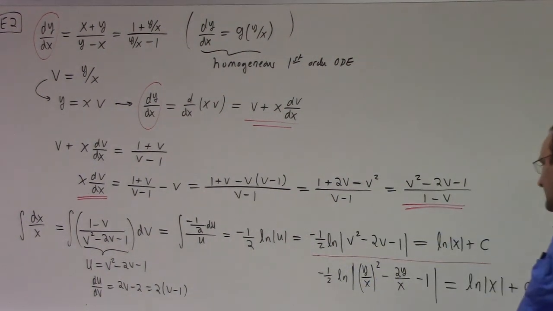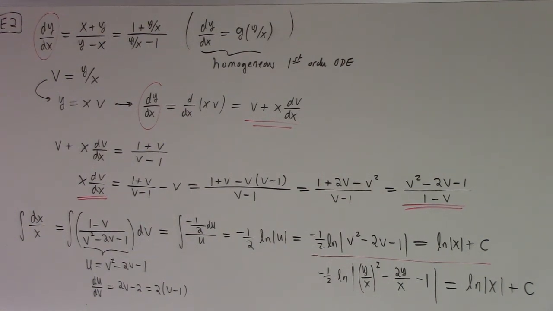So there's an implicit solution. If you're a glutton for punishment, you probably could find an explicit solution here, but I'm not inclined at the moment to do that. All right?